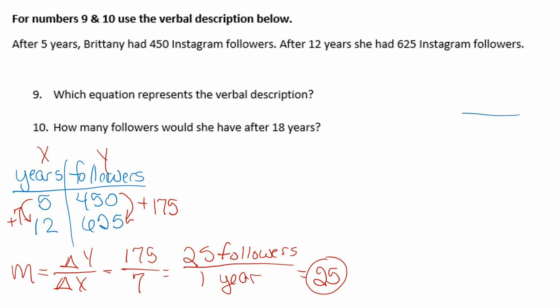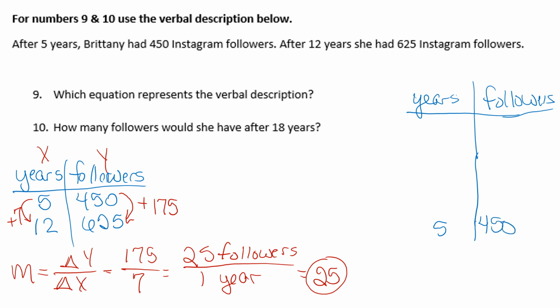So we are going to look at our years for our x and our followers still. And we're going to start with our 5 and our 450. But we need to get our x value to 0.